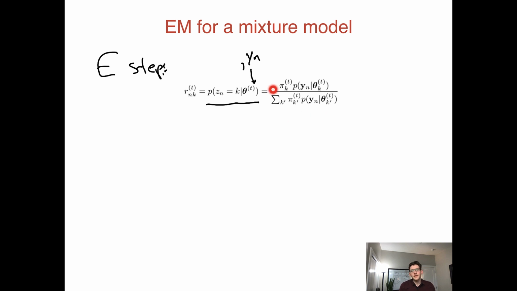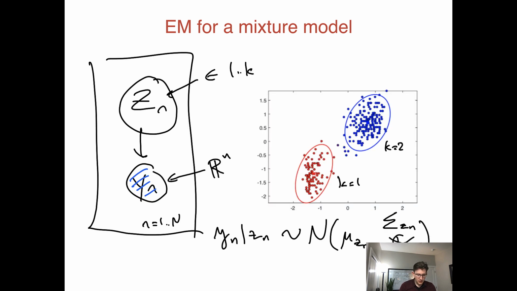It's pretty easy to see that this is the joint probability of the two, and then to get the conditional probability of z of n, we just sum over all the possible k's. So we've done this kind of thing many times. By the way, this pi parameter comes from the fact that we're using a categorical distribution as the prior for z of n.